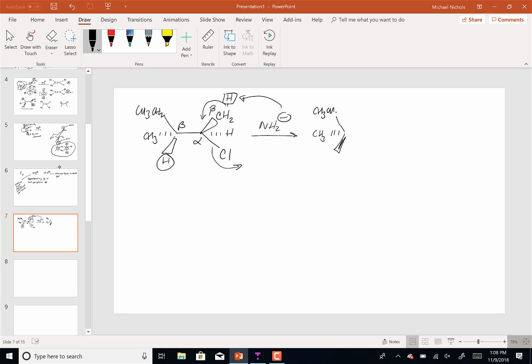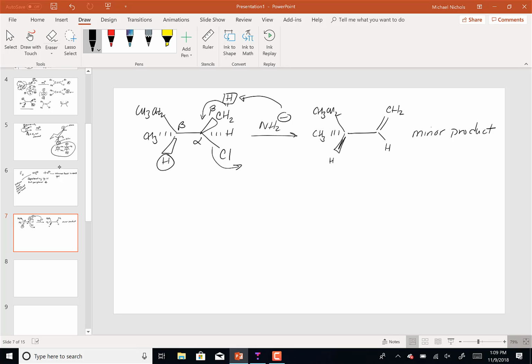So it would have the same configuration, but now I would have a double bond to the CH2, and there would be a hydrogen attached to it. So this is the minor product as far as NH2- goes.